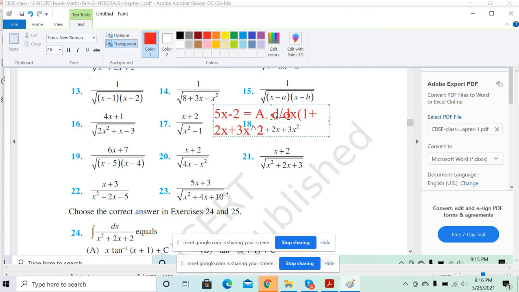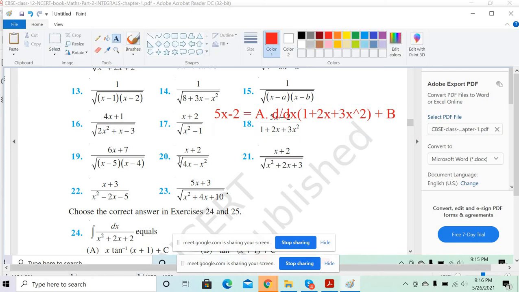Yes, sir. Plus another constant b. So if you can represent the numerator 5x minus 2 as a times a certain value of this part plus the constant b, correct? You need to get the values of a and b.